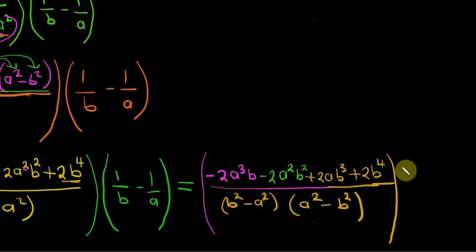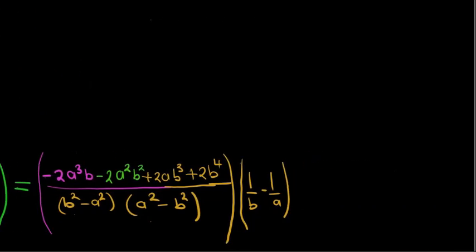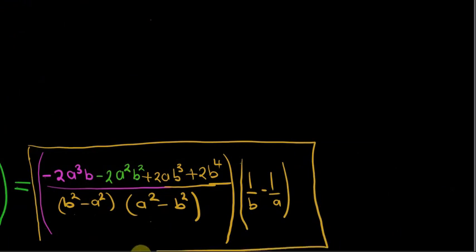Everything multiplied by 1 over b minus 1 over a. Okay, we're getting somewhere here. Let me just get space here.